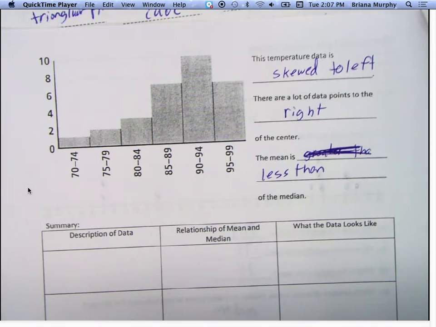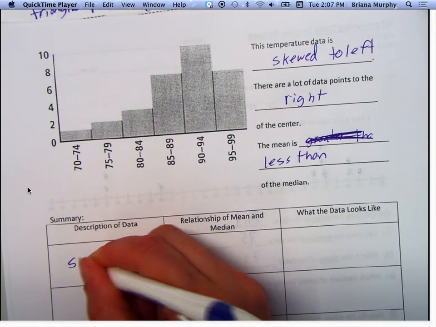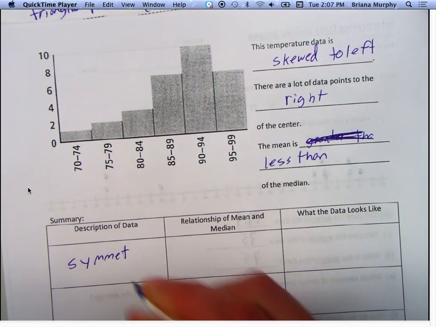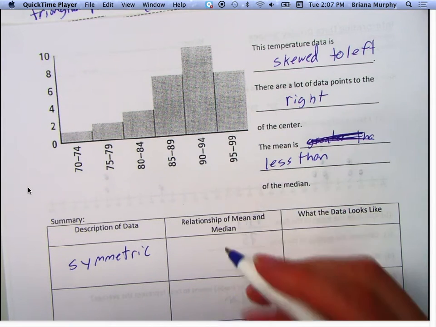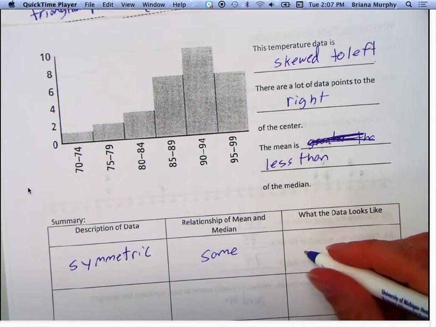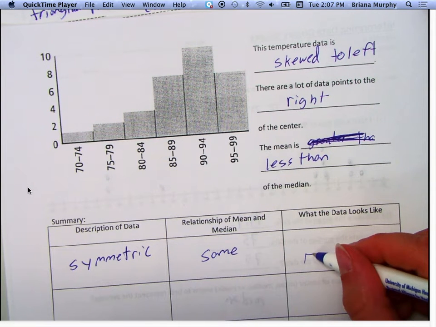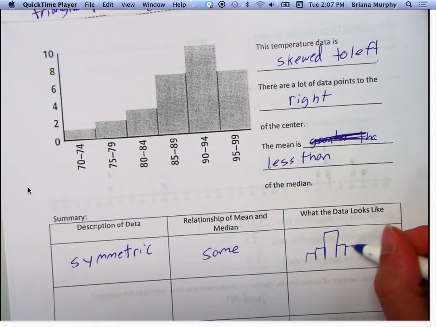Okay, so we're going to put these in different orders. If we have symmetric data, the relationship of the mean and median is the same. And it kind of looks like that, right?